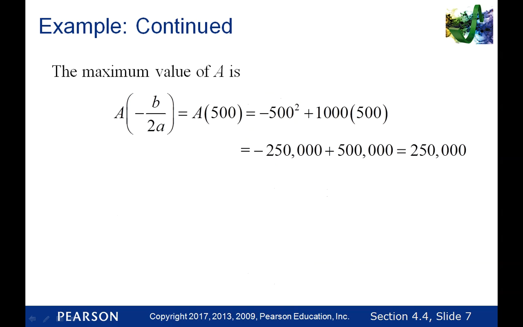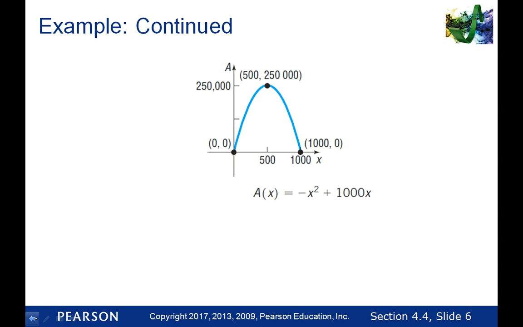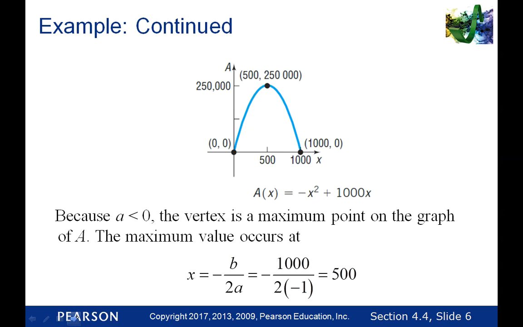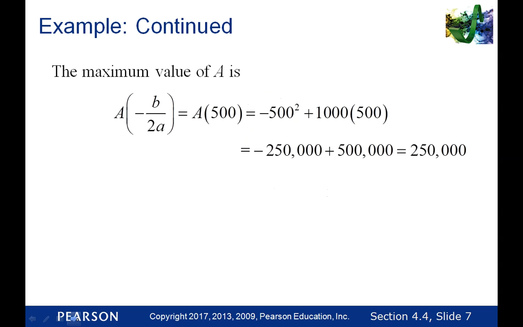If I plug 500 in for x into the function, what I've done is taken this function, found the x value of the vertex, and plugged it in to find the y value of the vertex. The maximum area that we can enclose is the y value of the vertex.